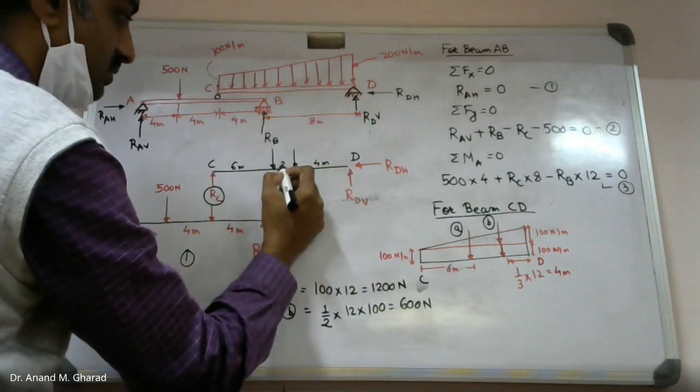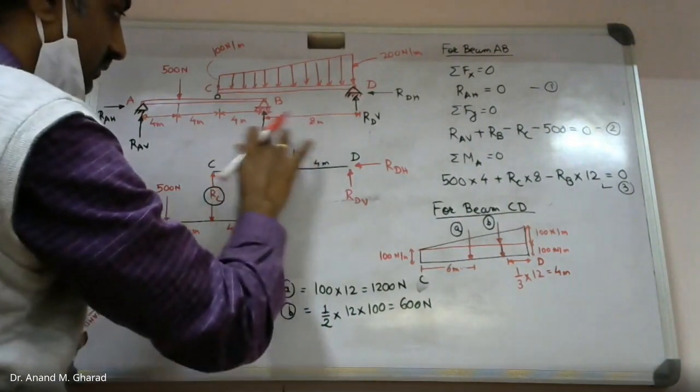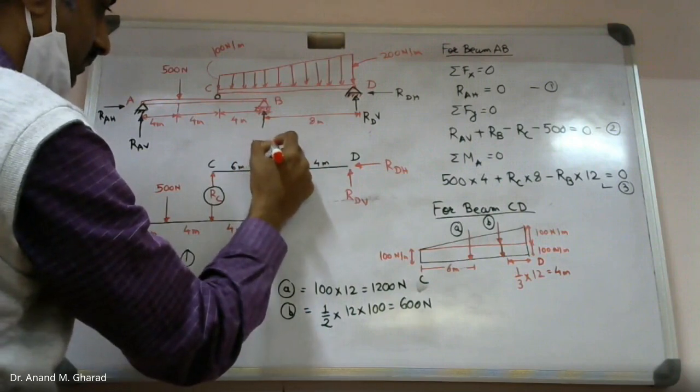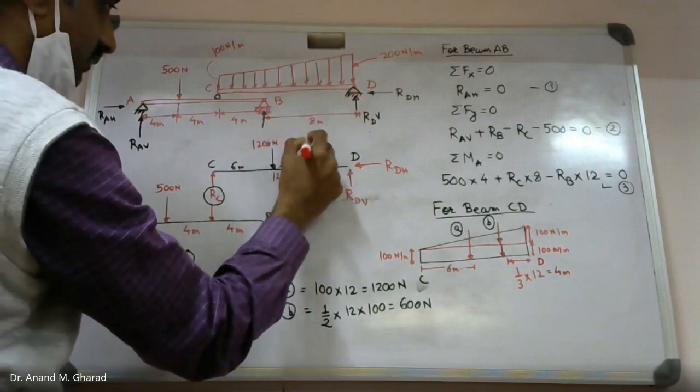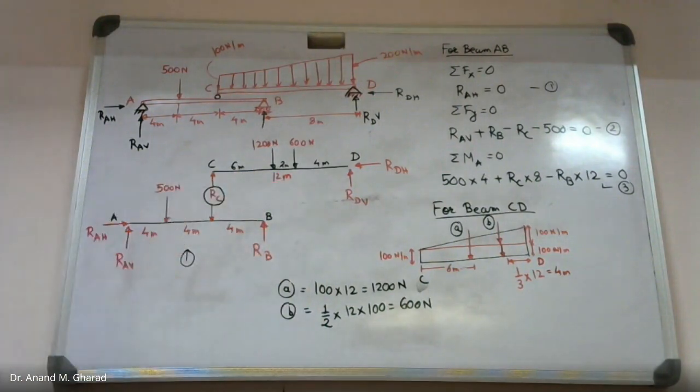Remaining distance is of 2 meter. This is 1200 Newton. This is 600 Newton. So from this, for beam CD, what equations do you get?